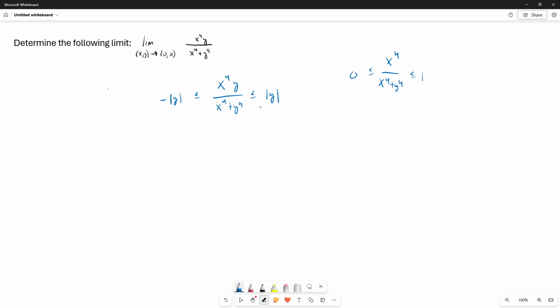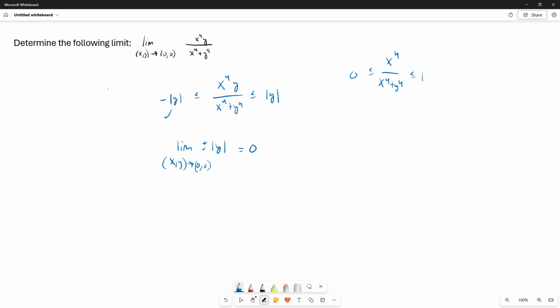And if we know this, then the limit as (x, y) goes to (0, 0) of absolute value of y, plus or minus, is going to be 0, because y is headed to 0, and therefore the absolute value of y is also headed to 0, and so is its negative.